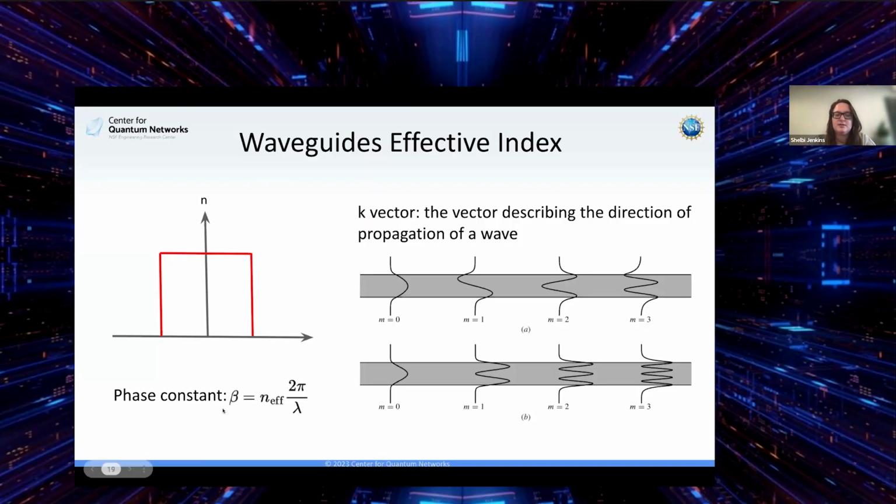Our propagation constant tells us how the light is going to propagate through the waveguide and at what speed. The other thing that the effective index tells us is which modes will be supported.